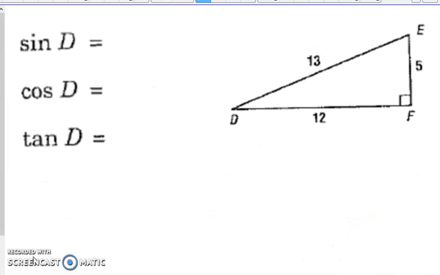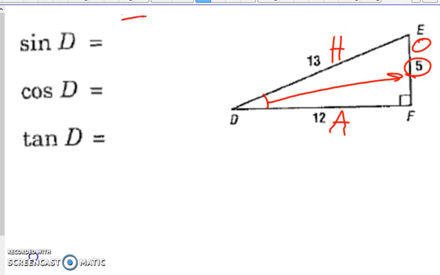Okay, so if I wanted to know the sine of angle D, it is asking me for the side ratio that represents the sine of angle D. Here's angle D. Sine is opposite over hypotenuse. Opposite is 5, that's my hypotenuse, that's my adjacent.